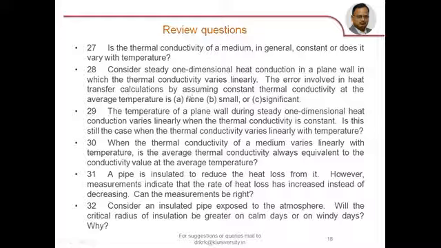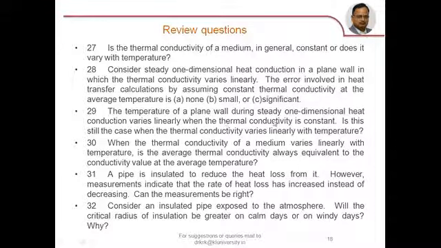The error involved in heat transfer calculation by assuming constant thermal conductivity at the average temperature. Instead of considering K1, K2, if you take average thermal conductivity at average temperature, the error involved is none or small or significant.